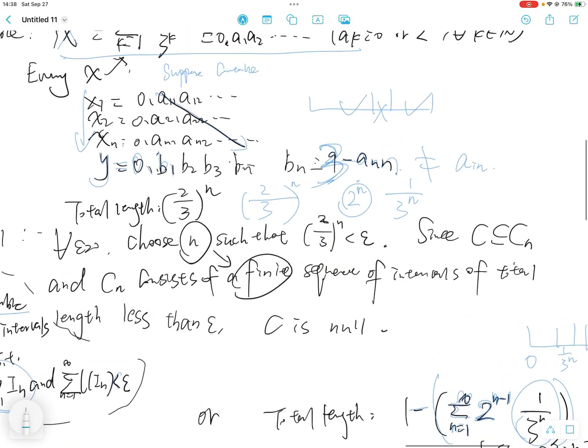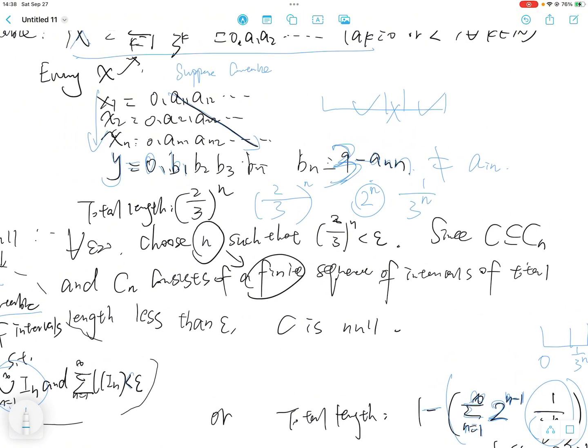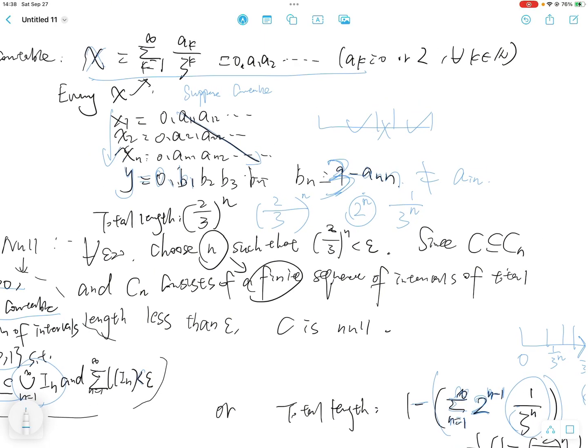And here, by the Archimedean property, for any epsilon greater than 0, I can always choose n large so that 2 to the n over 3 to the n is less than epsilon, and since C is in Cn, and Cn consists of a finite collection of intervals of total length less than epsilon, C is actually a null set.